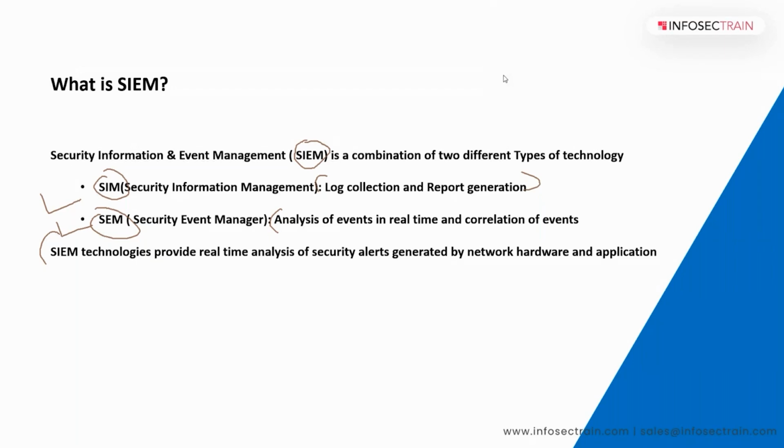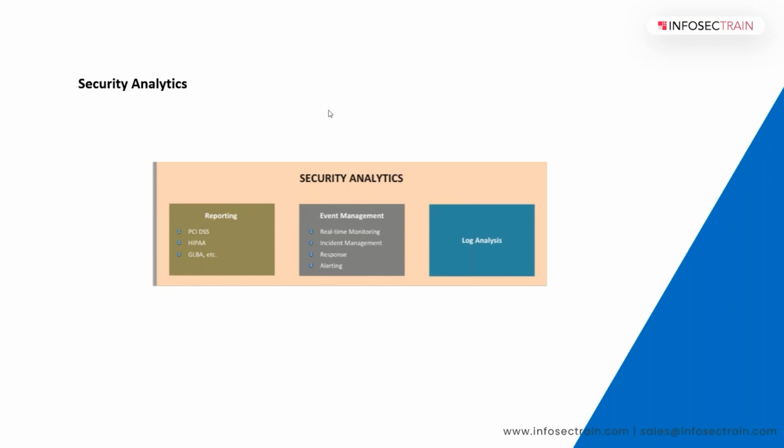Now, what can SIEM do and why do we require a SIEM? Again, that will be a question in our head. Log management and assessment are done. Along with that, security analytics is also done with the SIEM.